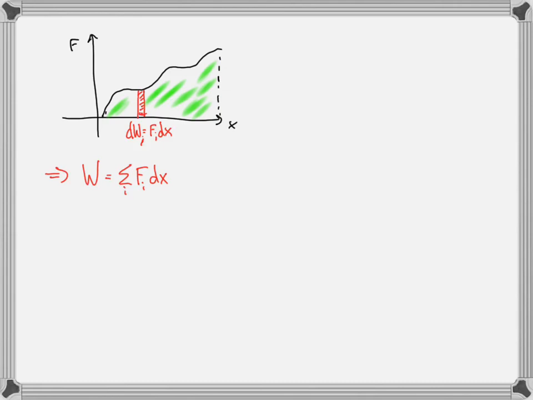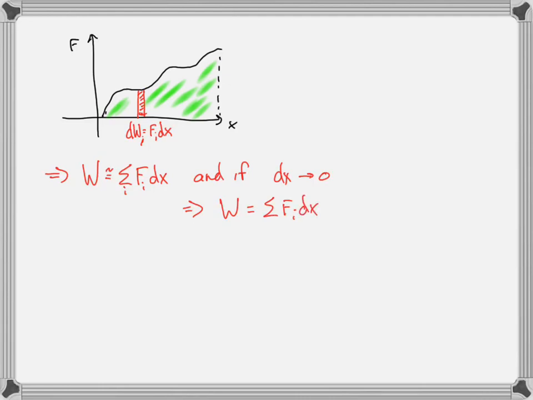But as long as we make dx small enough, and small enough is infinitesimally small, then it's going to be exact. So I guess we write that the work is approximately that, and if dx goes to 0, infinitesimally small, therefore the work is exactly that.